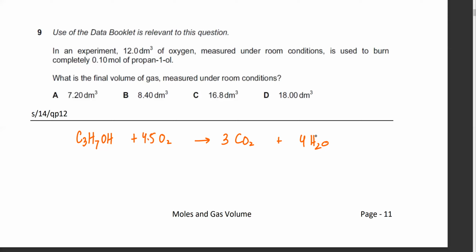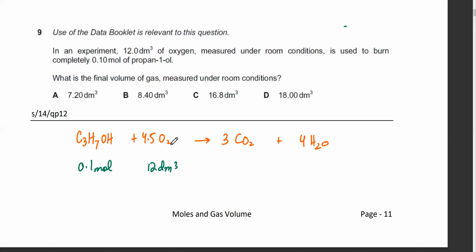So anyways, he's adding 12 dm cube of oxygen, and he's also adding 0.1 moles of propanol. And he's saying, what is the final volume of gas measured in room conditions and temperature? Now, remember this, I told you when we were doing limiting and excess, if you're given 2 moles and you want to find the moles of carbon dioxide and water, which one do you use?